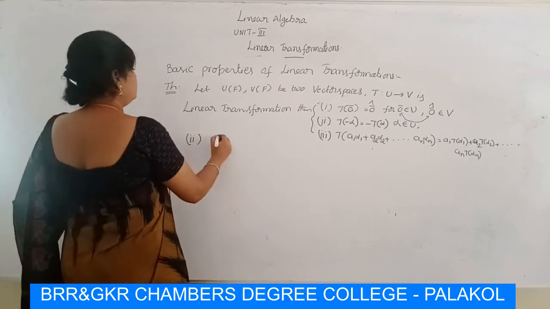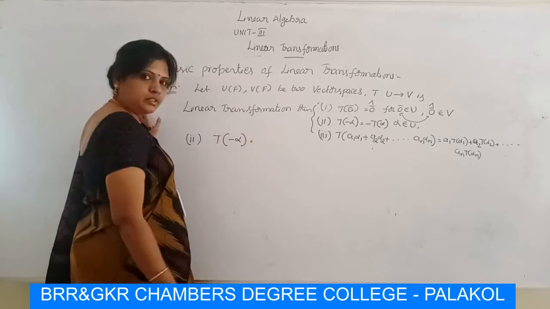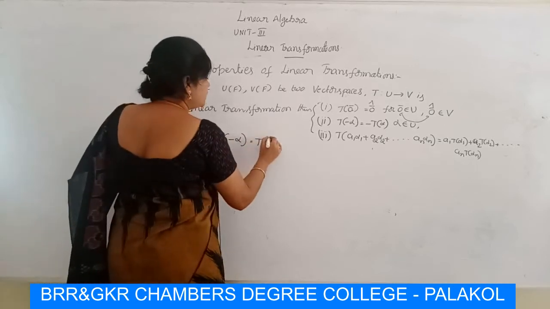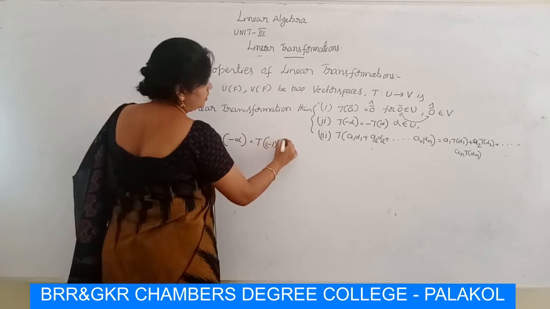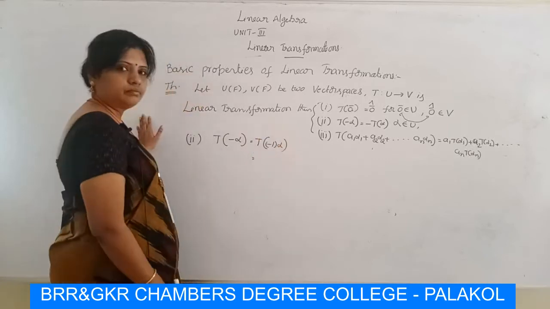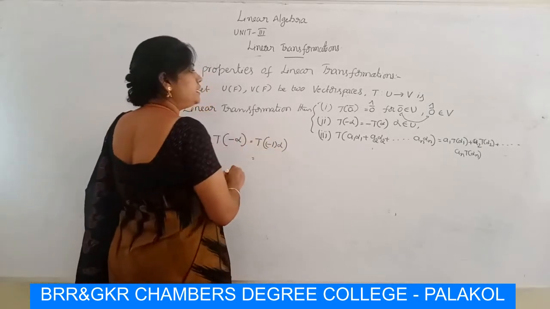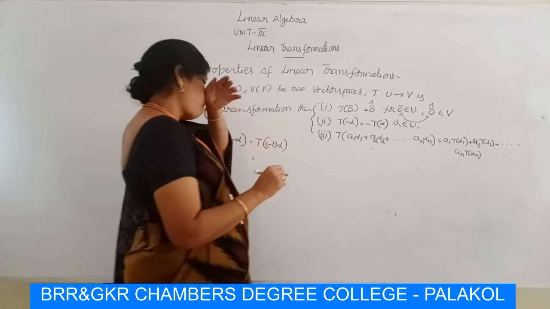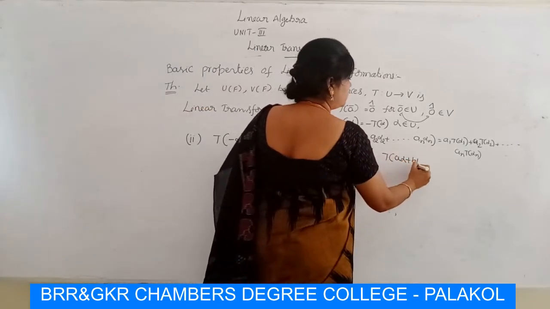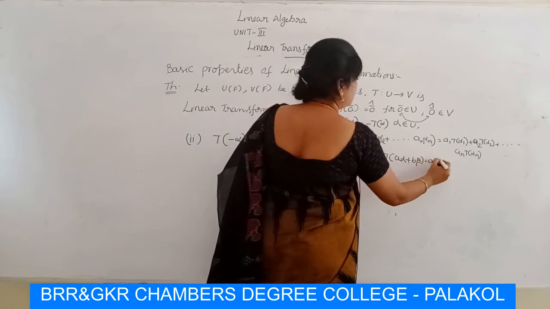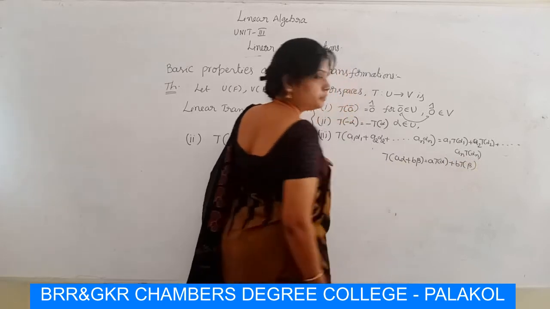Here T of minus alpha, simply this can be written as T of minus 1 into alpha. Yes, so then here T is a linear transformation. By the definition of linear transformation, T of A alpha plus B beta is equal to A into T of alpha plus B into T of beta.